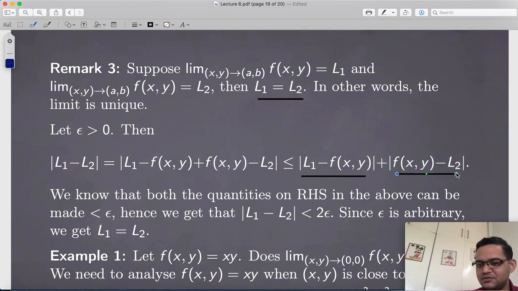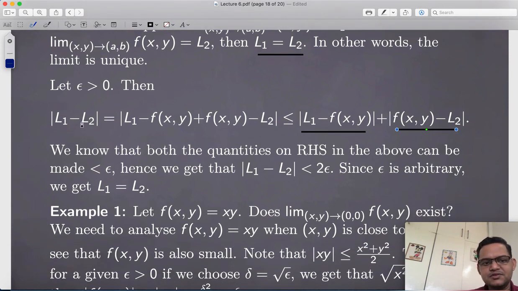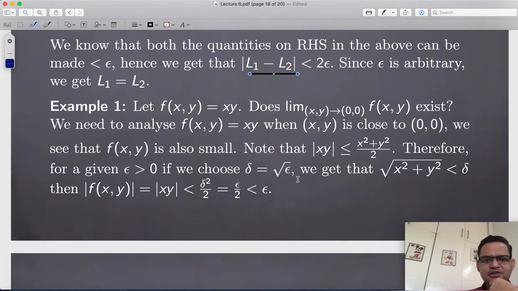Similarly, this term is also going to become very small. So the difference will become very small, isn't it? So you see that this is going to be less than 2 epsilon, because one epsilon is this, another epsilon is this. So for any epsilon I can do this. So there is only one possibility, that L1 is equal to L2.